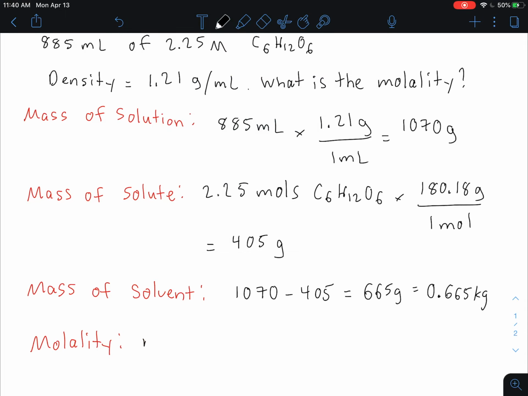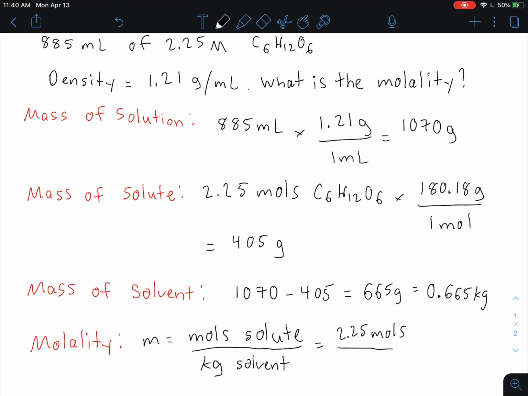So now I know how to calculate the molality. So now that's going to be moles of solute, which is just the same numerator as molarity, divided by kilograms of solvent. And so now I've got 2.25 moles.